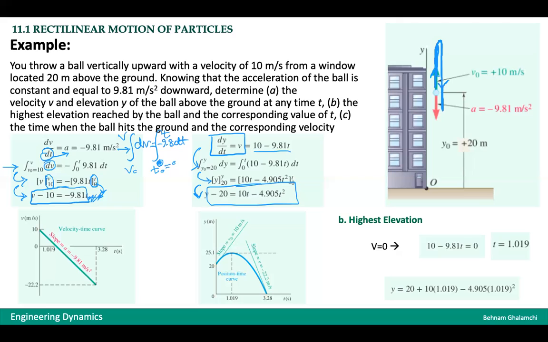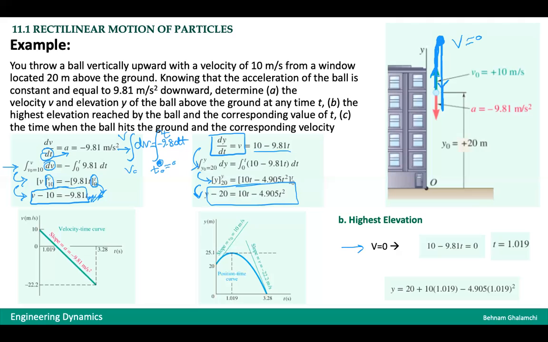When it comes down, it is also this way. At some point, it should change the direction of the motion. We all just have a physical understanding about this problem. At this point, when it wants to change the direction, the velocity will be 0. It will stop for a microsecond and then come back.